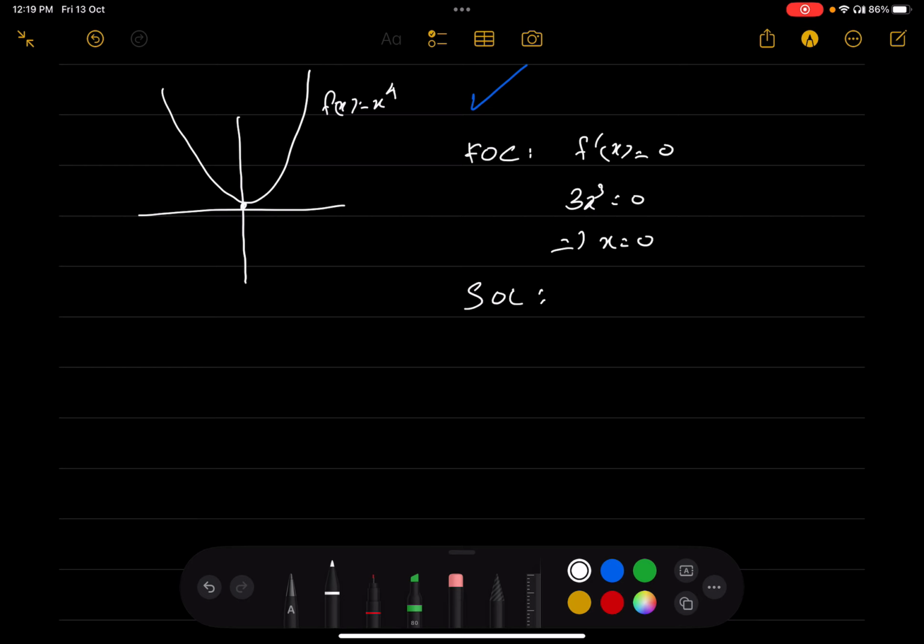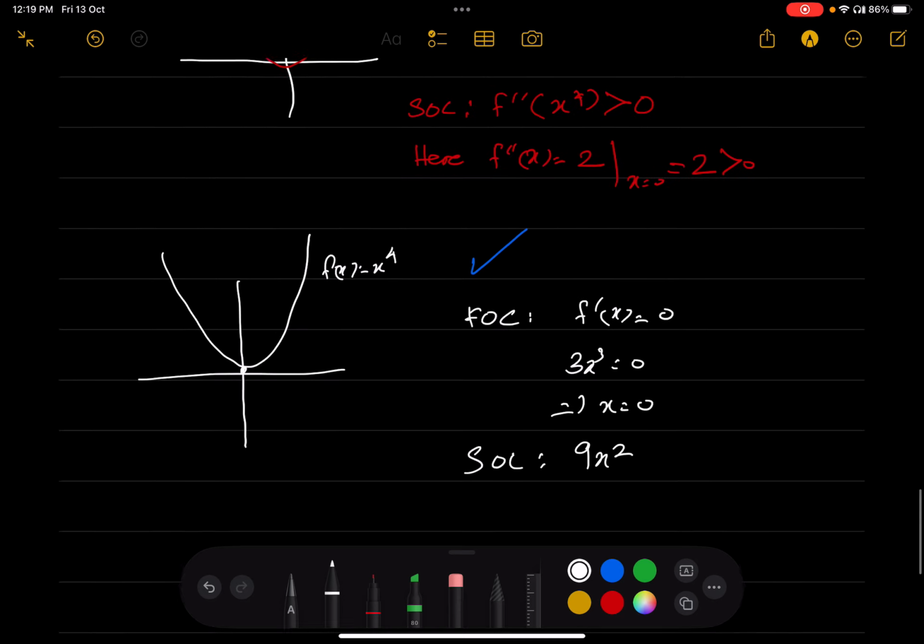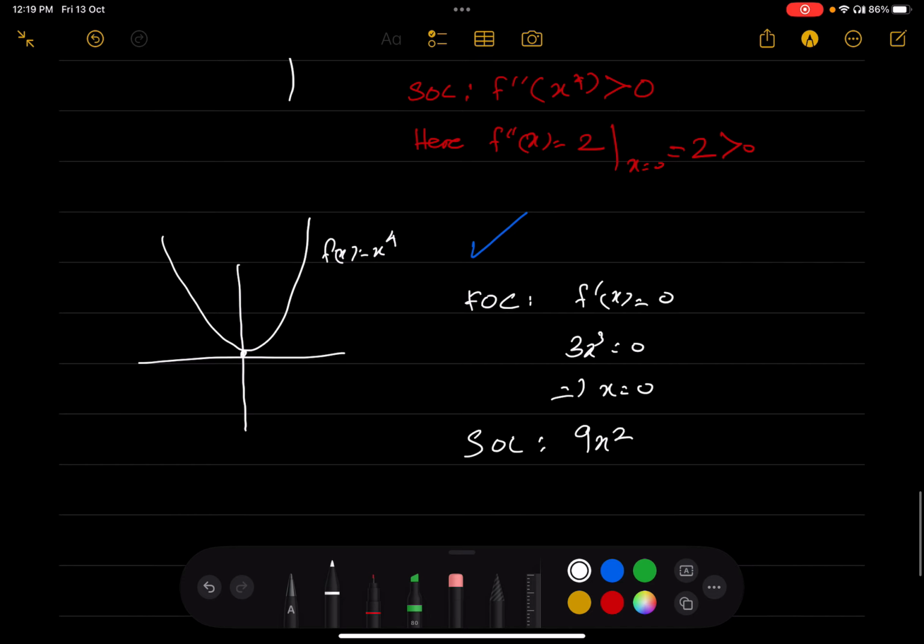Second order condition says, what is the second derivative? 9 x square, if I'm not wrong. Sorry, this is not 3.